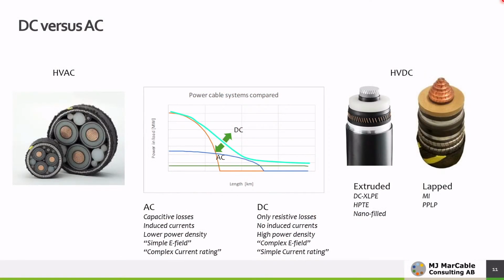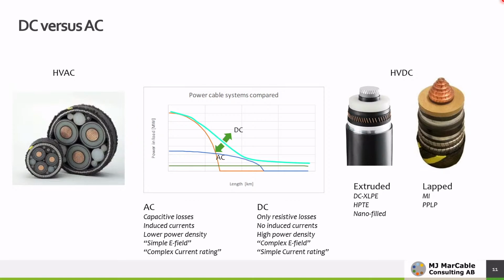The most obvious thing you see in this example of a submarine cable is that it has 3 cores, the 3-phase system. On the right-hand side, you see 2 examples of a DC cable technology. Normally there are the plus and the minus cores, so you have 2 cables per system. So 3 to 2 is the easiest difference to see.